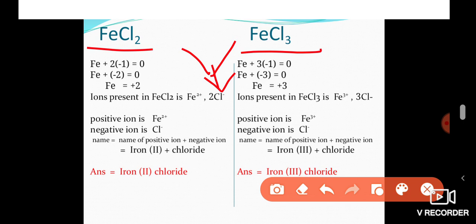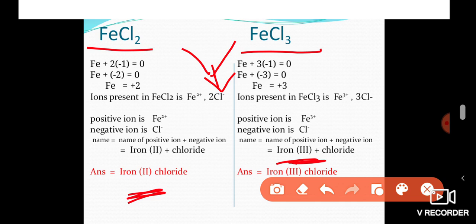In FeCl2, iron exists in the form of valency 2. In FeCl3, iron exists in the form of valency 3. So both molecules are made up of the same kind of atoms, Fe and Cl.